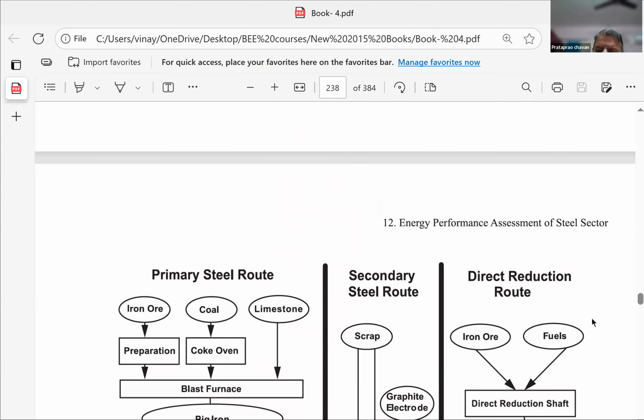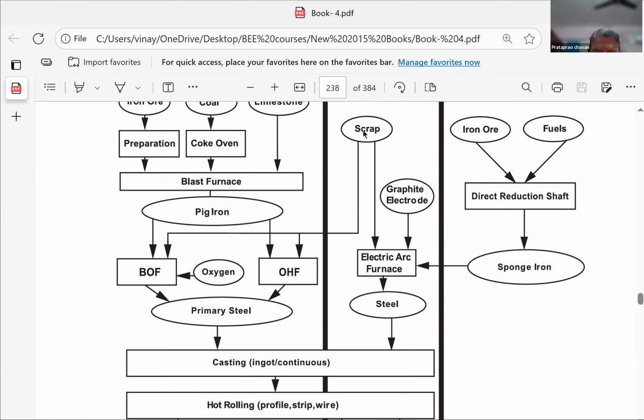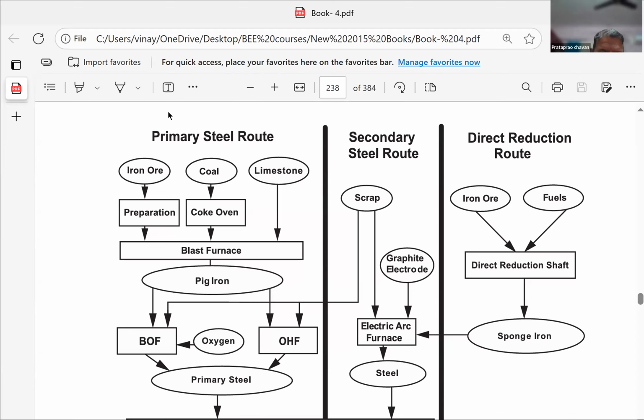So it is only the route taken by different industries. One industry uses electric arc furnaces and uses scrap as the raw material. Here it is directly the iron ore, coal, limestone and removing the impurities. Here iron ore and the fuels, plus some additions, will give you the direct reduction shaft.